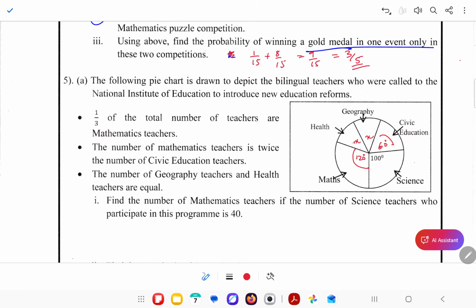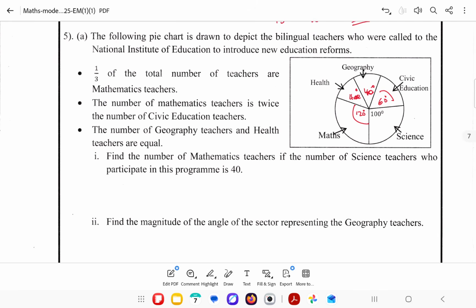So the remainder is going to be 80, so health and geography are going to be 40 degrees each in the pie diagram. Okay, find the number of mathematics teachers if the number of science teachers who participated in this program is 40.